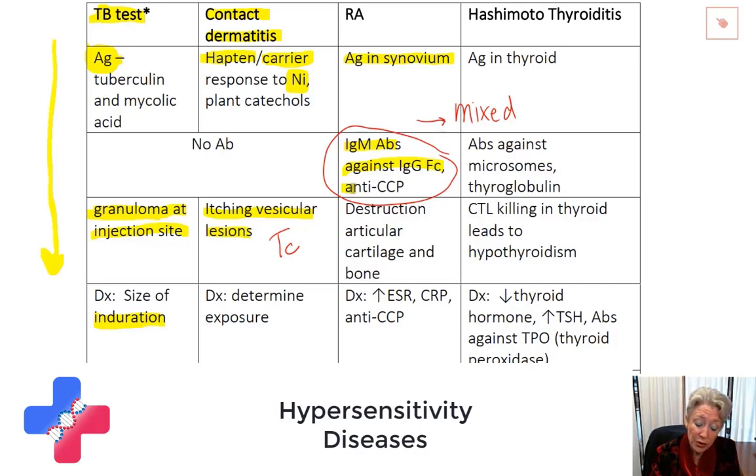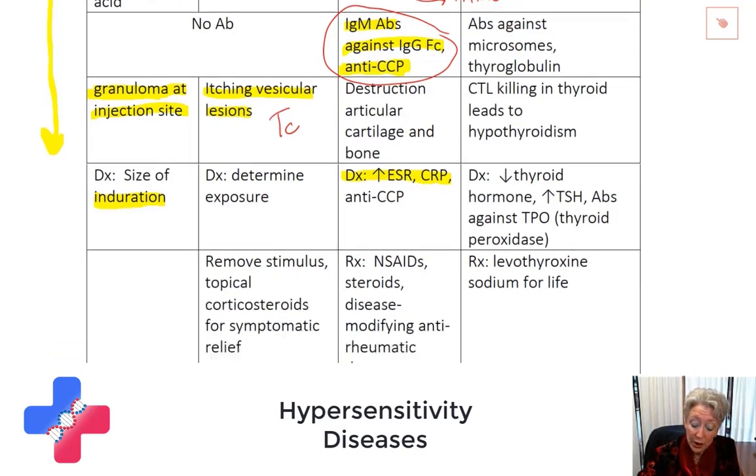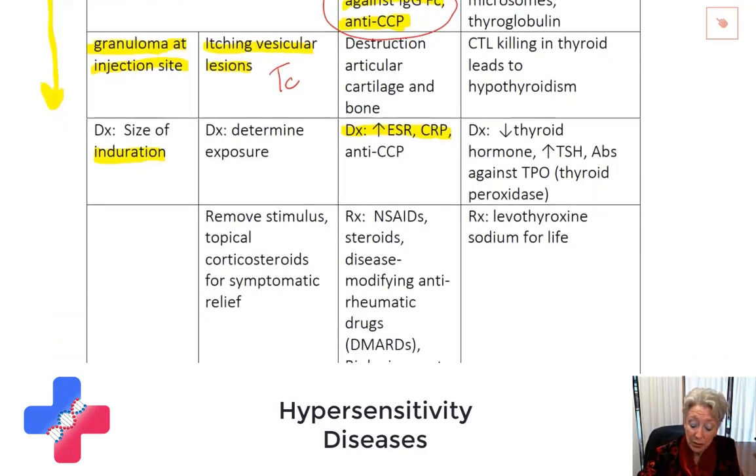But nowadays, we're using more of the cyclic citrullinated peptides, which end up being more sensitive and specific for the problem. But long-term issues: destruction of the joints, tremendous amounts of inflammation, reflecting the anemia of chronic disease.